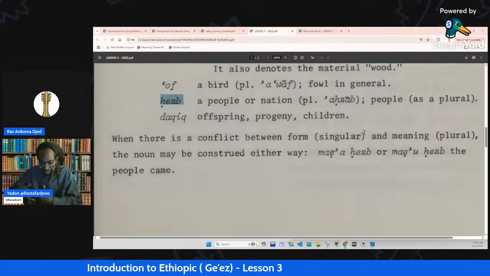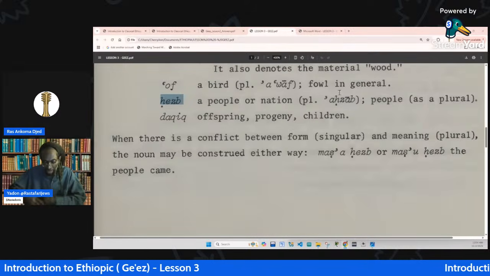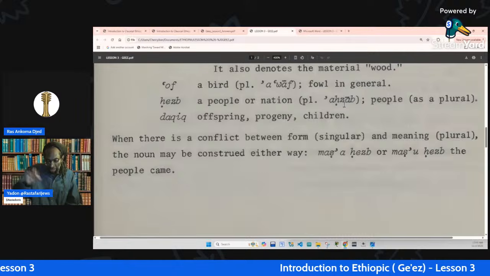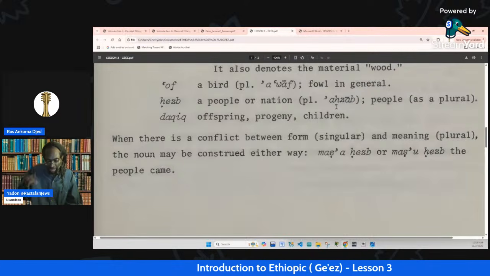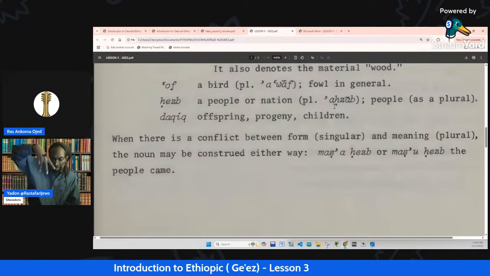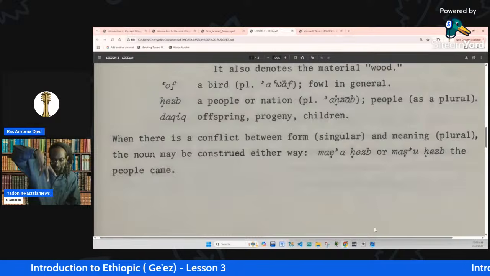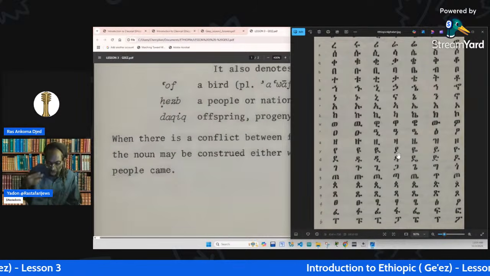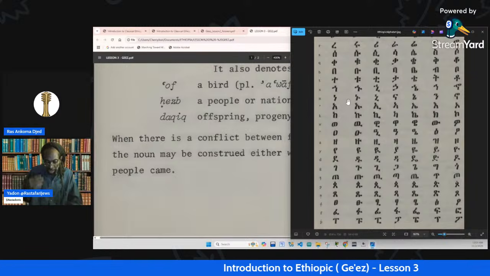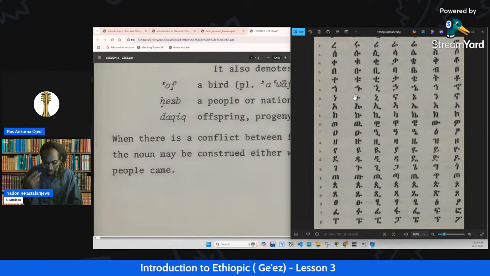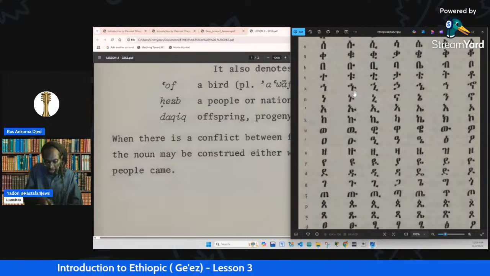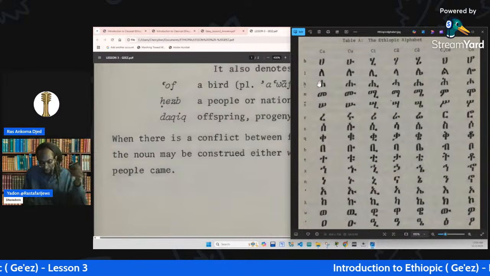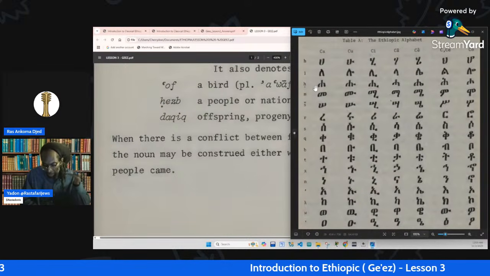If you look, the H has a dot underneath it. That's the H that looks like it has the trinity of three, like a pitchfork in a sense. That's a ha: ha, he, hu, he, ha, hey, hit. This is his, people, a nation.